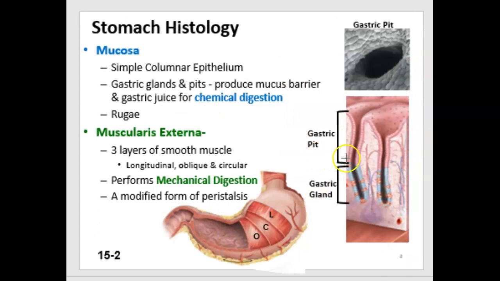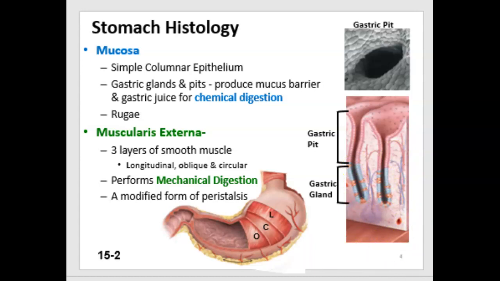Okay, now we'll look at stomach histology. Now I'm going to deal first with the mucosa, which is the innermost layer of the entire alimentary canal. In the stomach, the mucosa is composed of simple columnar epithelium. And it's arranged in a pattern that forms pits, shown in the lower right picture. They're called gastric pits.